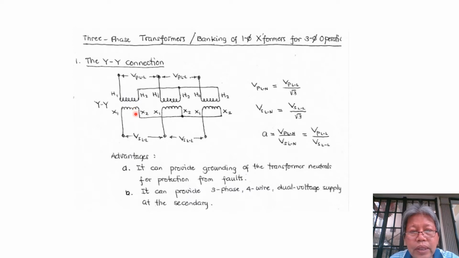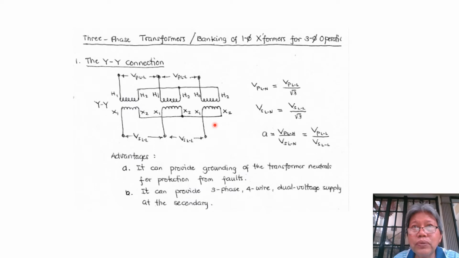Now, if we have three single-phase transformers to be connected for three-phase operations, the first connection that we're going to use is the YY connection, meaning we connect the primary windings in Y and the secondary windings also in Y. Now, before doing the connection, we have to consider the polarity of the transformers, because this is very important.